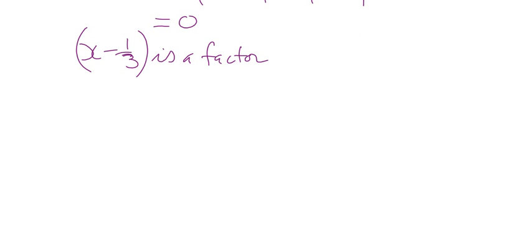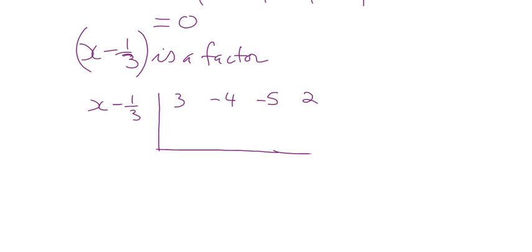So you could do two things at this point. You could say, all right, we found our factor, so I can divide. Now, I'll have to do x minus 1/3. I don't really need long division, do I? 3, negative 4, negative 5. I mean, look, it's got to come out to 0, so it has to divide.